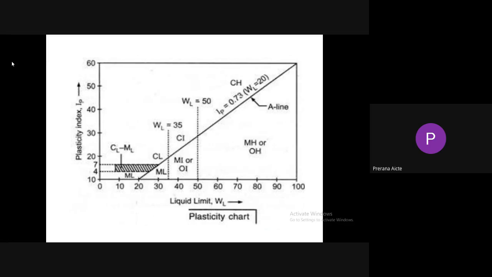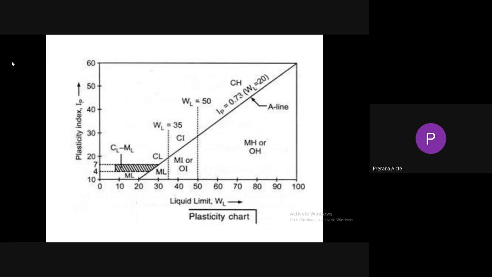If liquid limit is less than 30% and the point lies exactly on the A line, then we need to give the dual symbol CL-ML. Suppose the point lies exactly on this vertical dotted line above the A line, then we need to give a dual symbol CI-CH. At the same time, MI-MH or OI-OH. Like that, we need to give dual symbols.